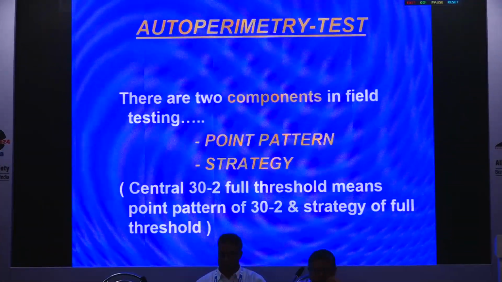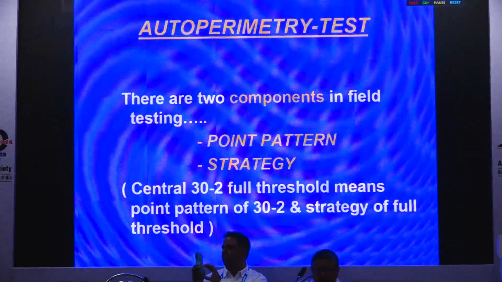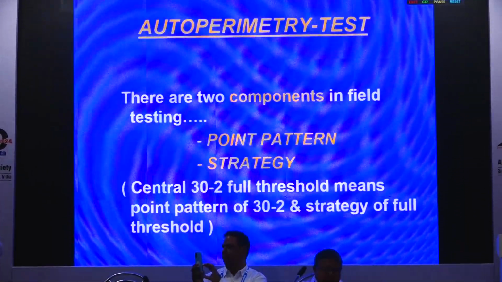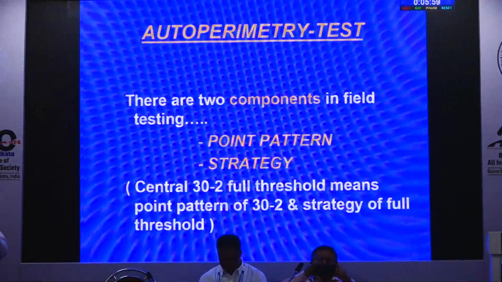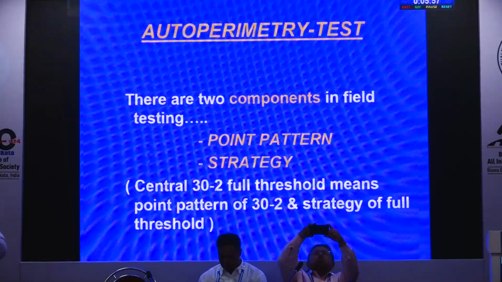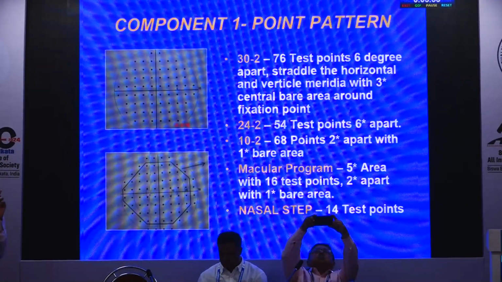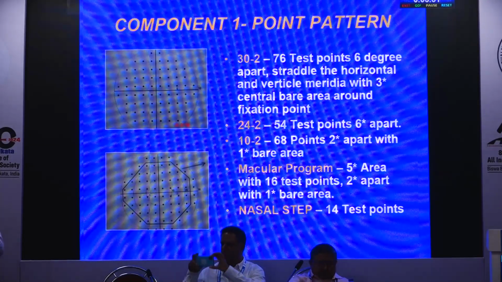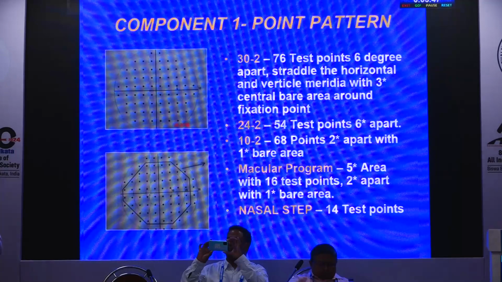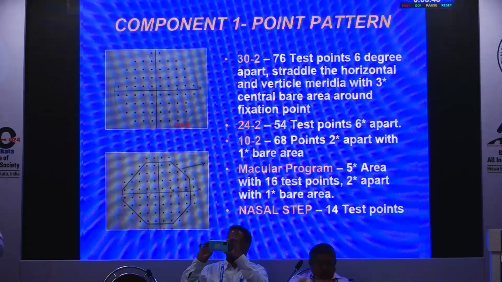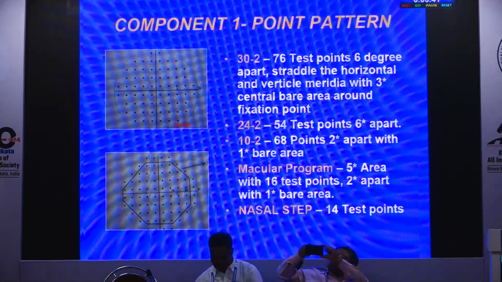There are two aspects when you are doing automated perimetry: the point pattern, the points at which the tests are done, because automated perimetry is a static perimetry, and the strategy, what kind of strategy of throwing the light is given to the patient. These are the common test patterns which are followed in glaucoma. 30-2, which has 76 test points, 6 degrees apart. 24-2, again, which is a shorter form of 30-2, which has 54 test points.